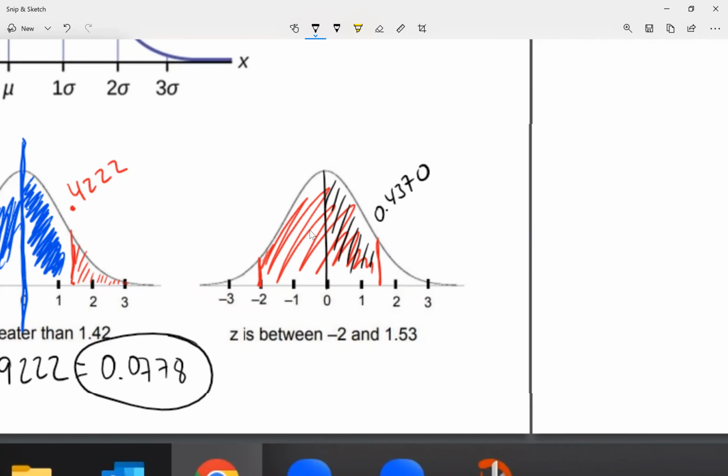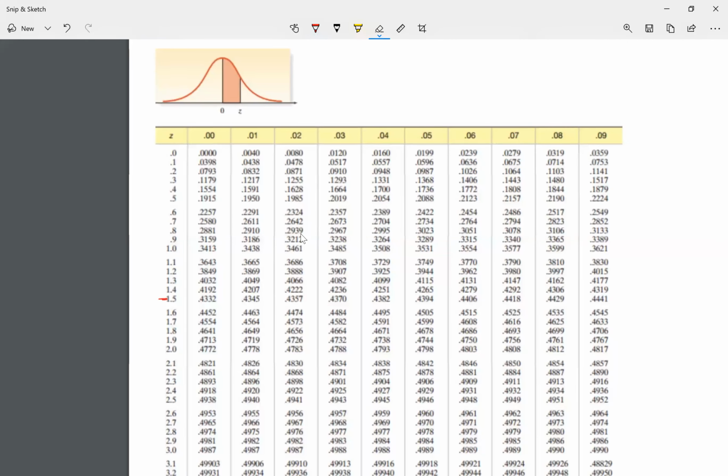Now the other one, the negative 2. Let me come back to this graph. I don't have the negative sign in the table, but negative 2 will be like positive 2.00, right?